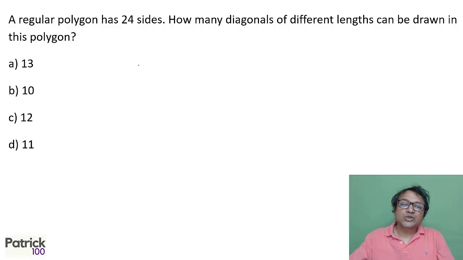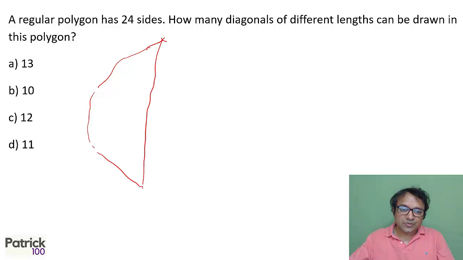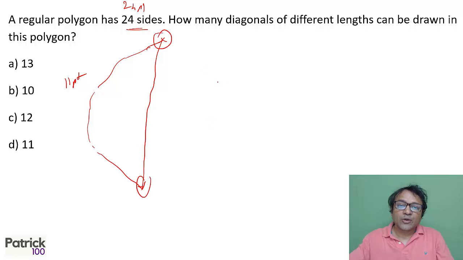A regular polygon has 24 sides. How many diagonals of different lengths can there be? So 24 sides. Let's say these two are diagonally opposite. 24 sides will be 24 points. If you remove these 2 points, the remaining 22 points are divided equally, 11 points on either side.